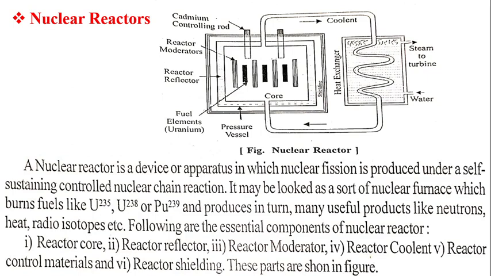Now, nuclear reactor uses. First, nuclear reactors are used in the production of electric energy, and second use, production of radioisotope. Nuclear reactors are useful in producing a large amount of radioisotope.